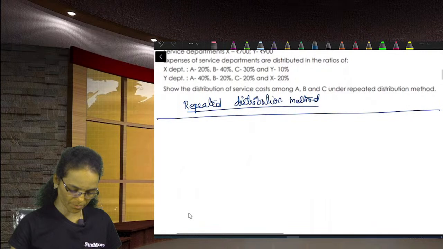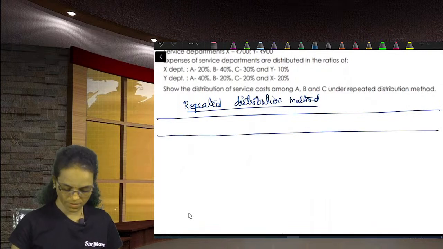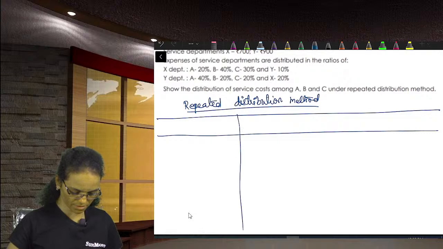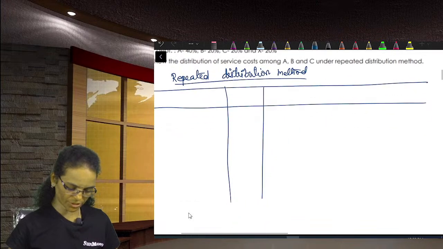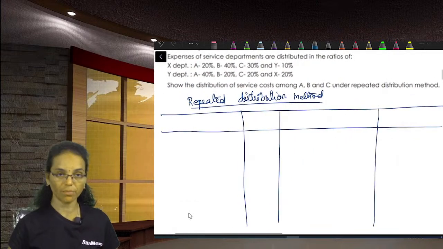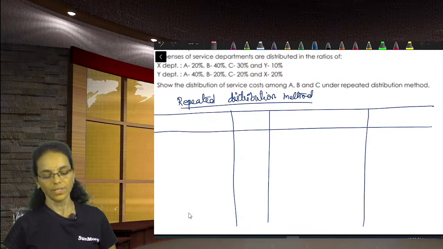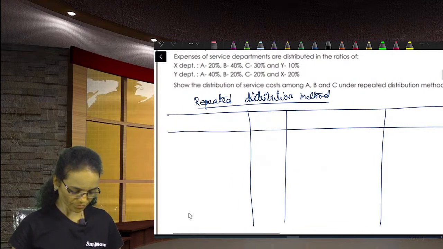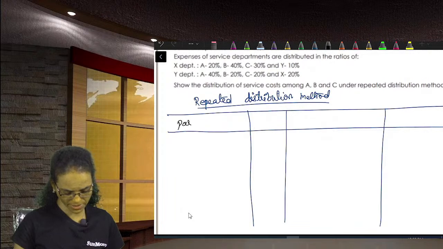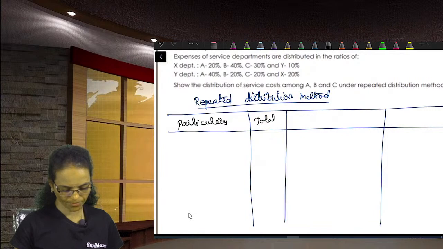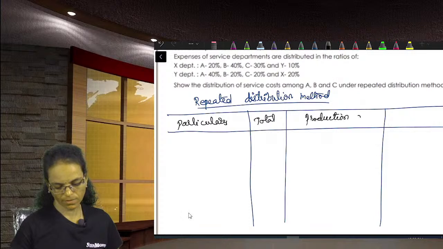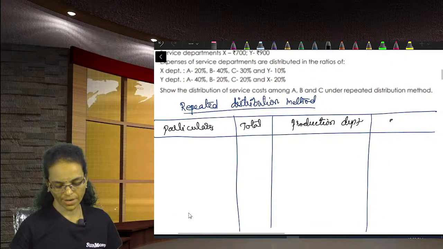See, take the table first. This is the amount for the particulars. This is for the total. How many production departments we have? 3 production departments, and 2 service departments. Here expenses or particulars, totals, production departments and service departments.